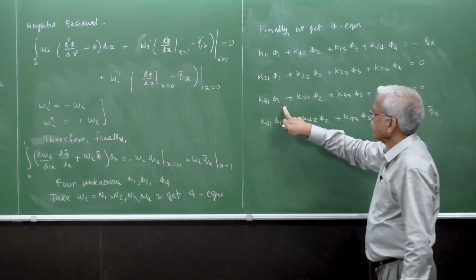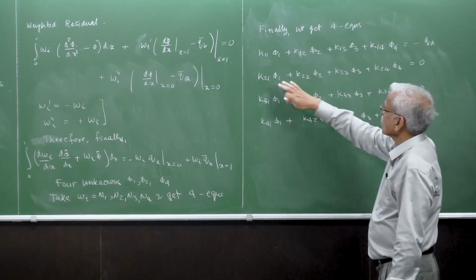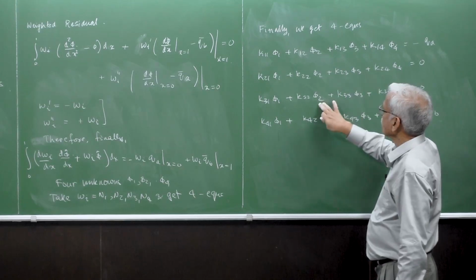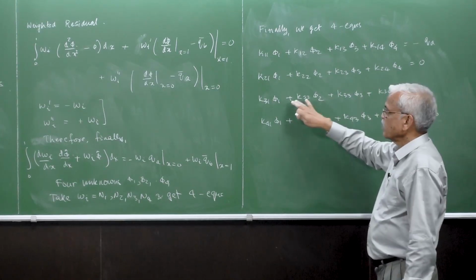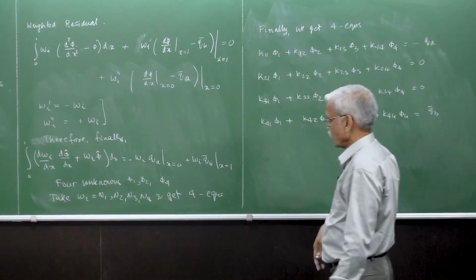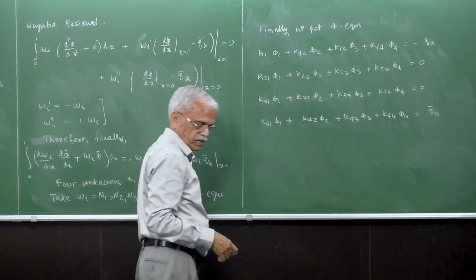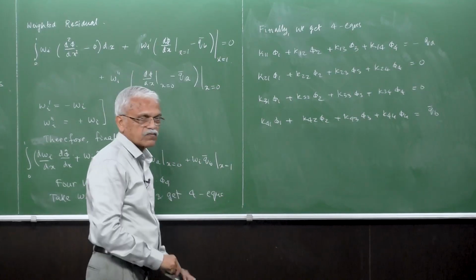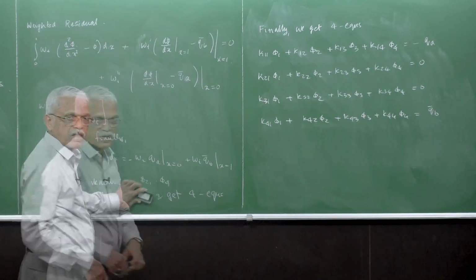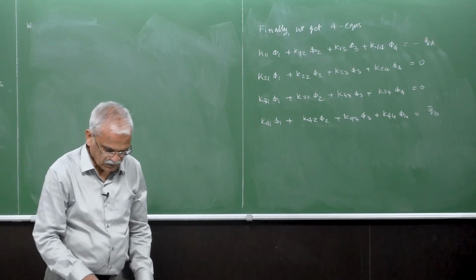Similarly, if phi 4 is given as phi b, then the 2 middle equations in unknowns phi 2 and phi 3 can be solved for phi 2, phi 3 using phi 1 and phi 4, right? So this is the most generalized way of putting these 4 equations.